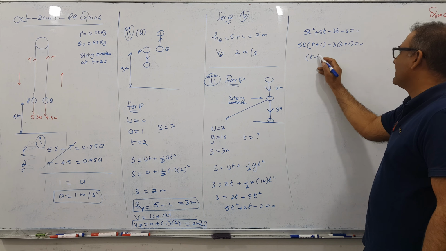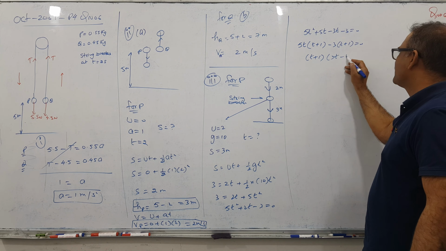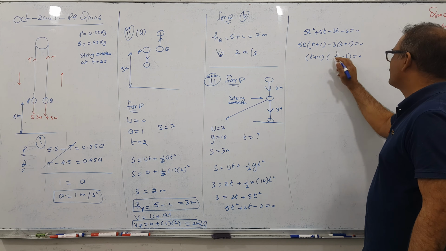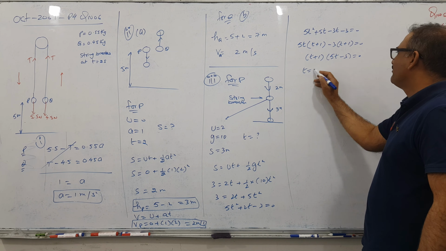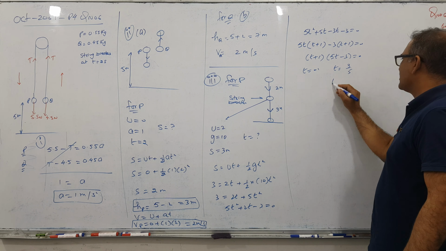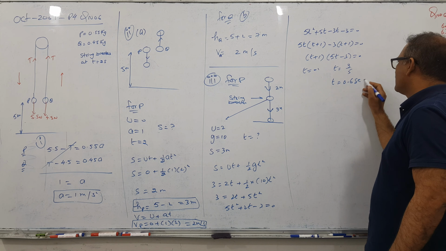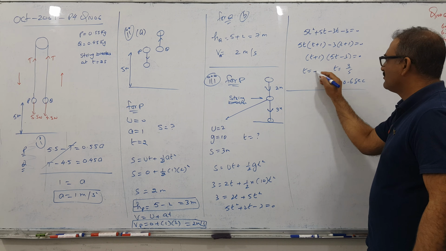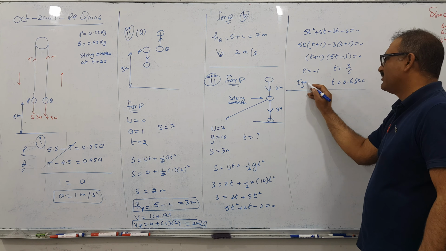So I got t equals minus 1 and 3 by 5, so I got 0.6. So this negative one we ignore. Why ignore? Because negative time is not possible.